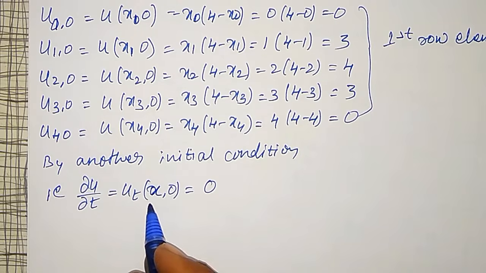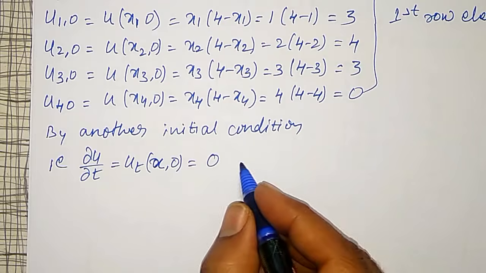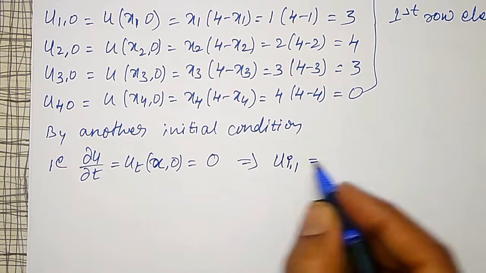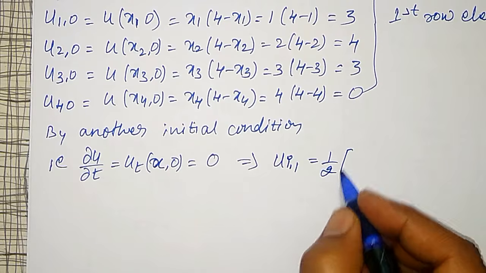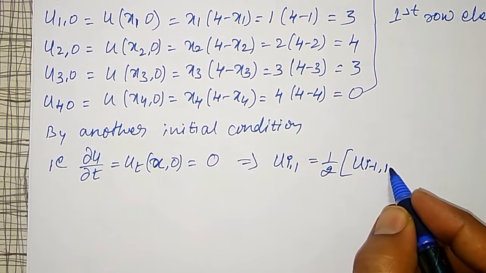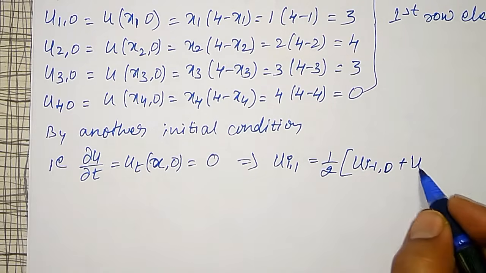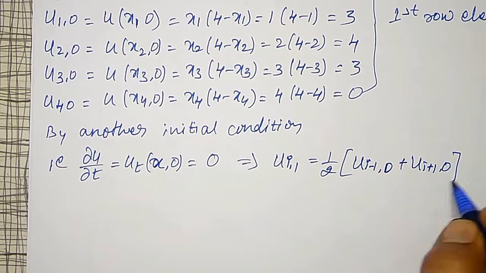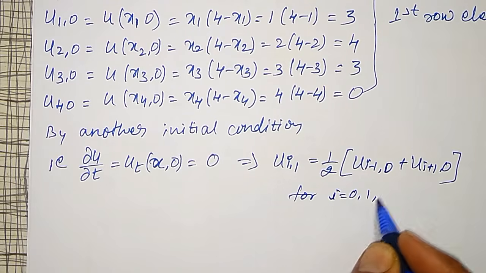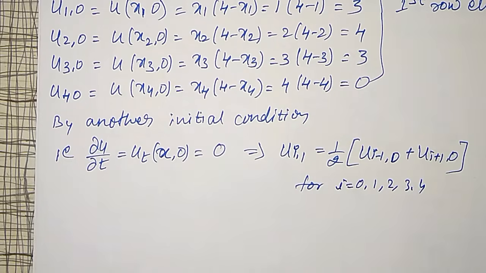Using this in the explicit derivation, I derived the formula, which implies ui comma 1 is equal to 1 by 2 times ui minus 1 comma 0 plus ui plus 1 comma 0, for i equal to 0, 1, 2, 3 and 4.